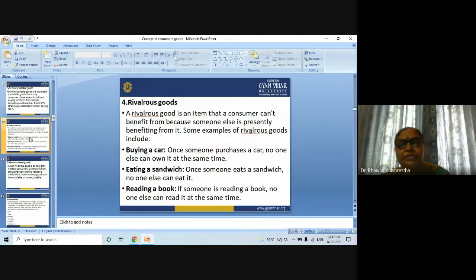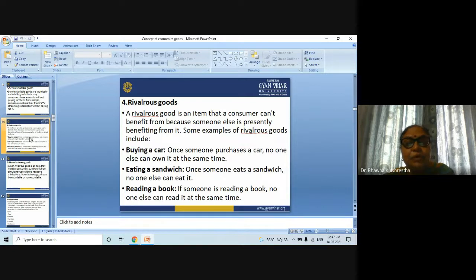So once someone purchases a car, no one else can own it at the same time. And next is eating a sandwich. Once someone eats a sandwich, no one else can eat it.